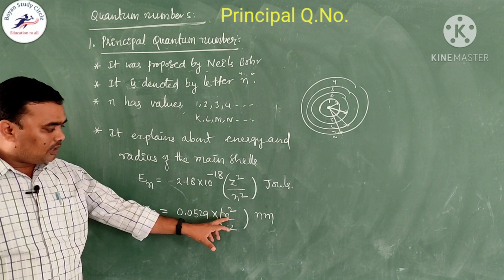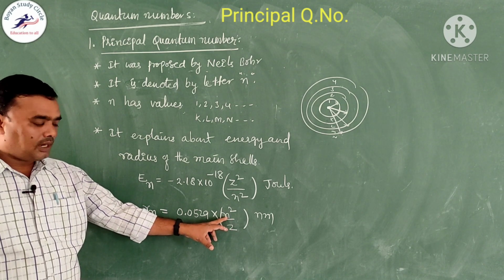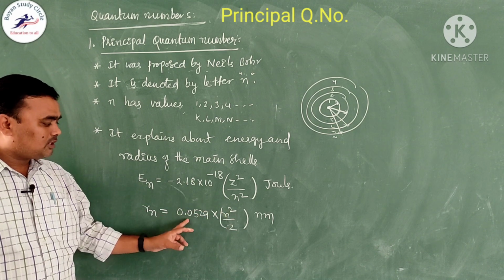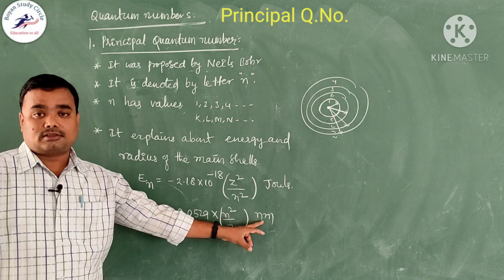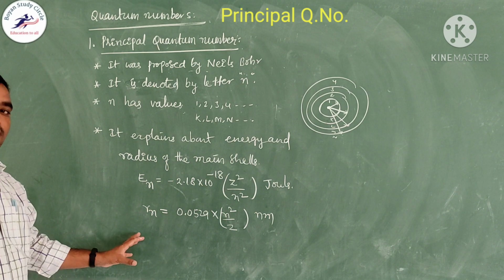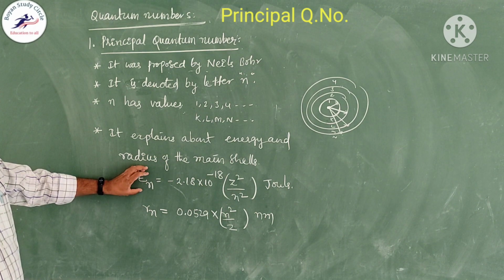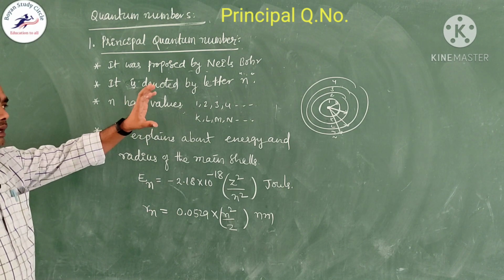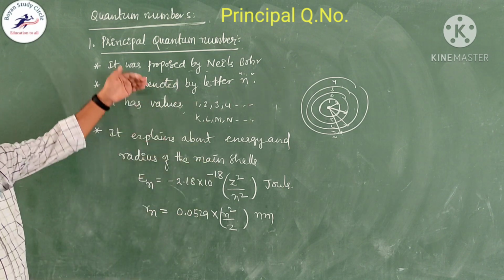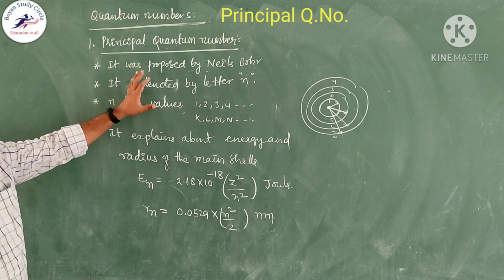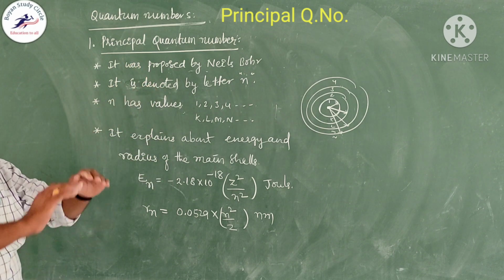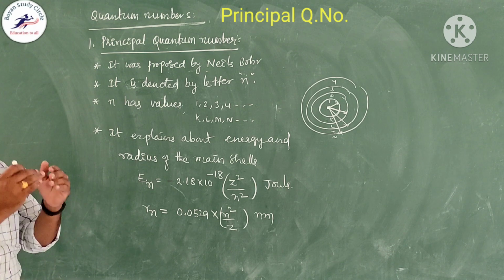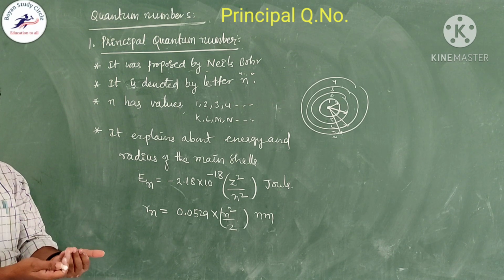For example, the radius of the first orbit in the hydrogen atom: Z is 1 and n square is 1, so it is 0.0529 nanometers. In this way you can find the energy and the radius of the orbit of any element. So, this principal quantum number explains the main shells present in the atom, and their energy and radius.